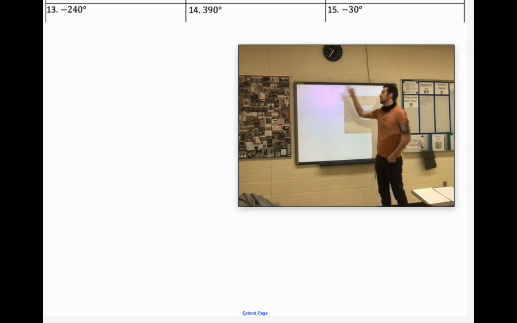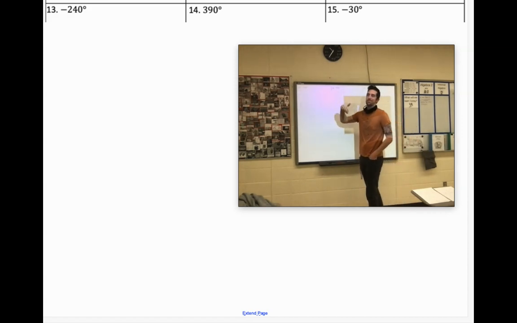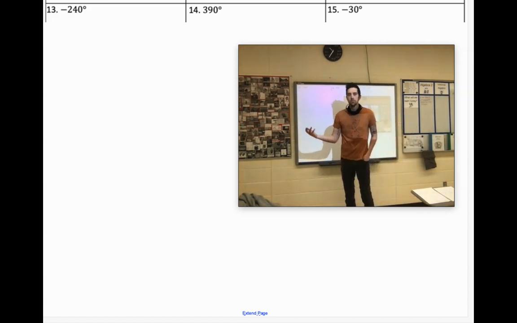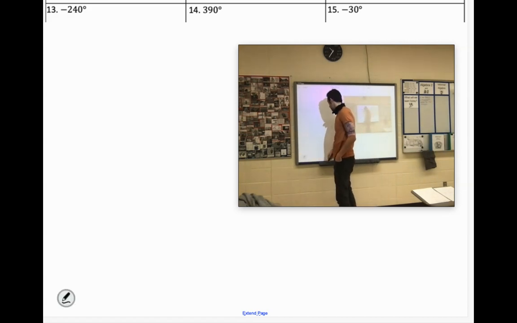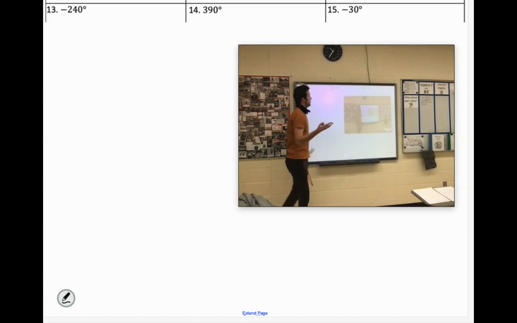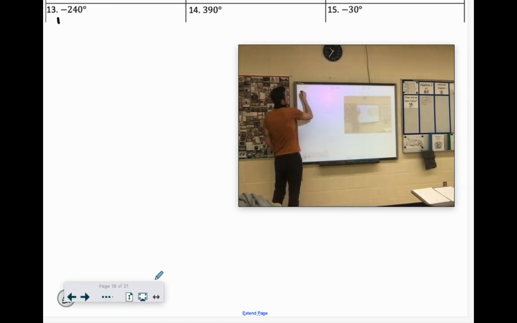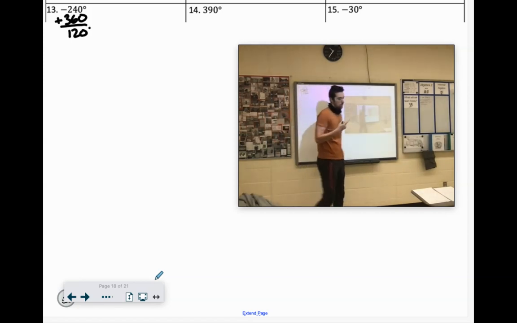All right, negative 240 degrees. With the negatives, I think it's almost easier just to find a coterminal angle. So we can add one full rotation to it, which with degrees is 360 degrees. That would give us a 120 degree angle.